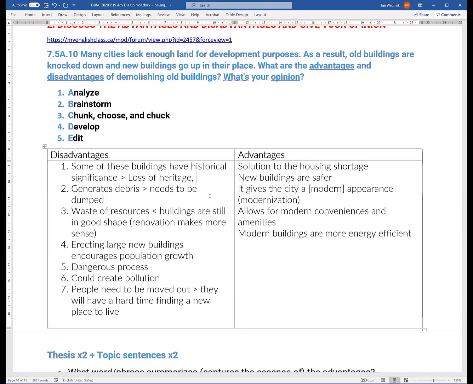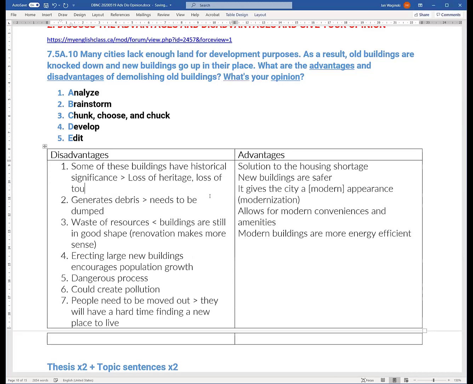Local building, we should keep it, not knock it down. Culture. So that would be part of heritage. Loss of architecture. Maybe it will affect tourism. Yeah.